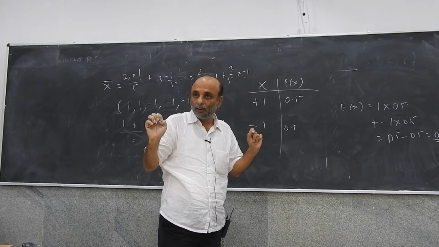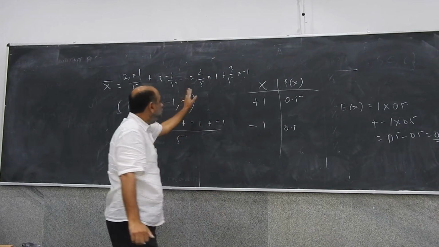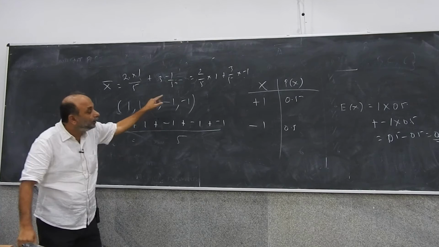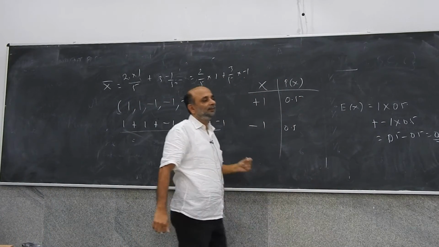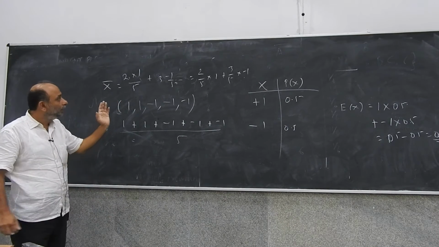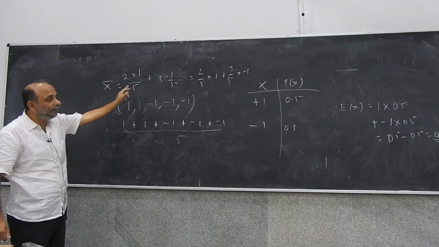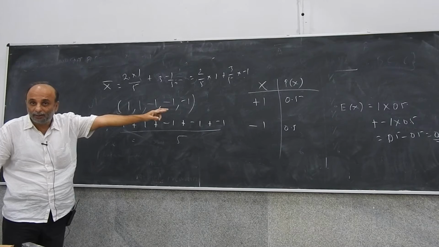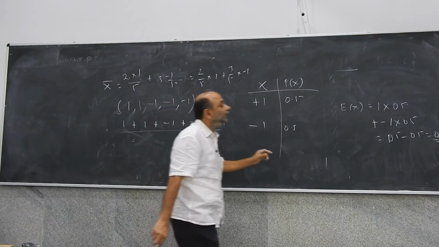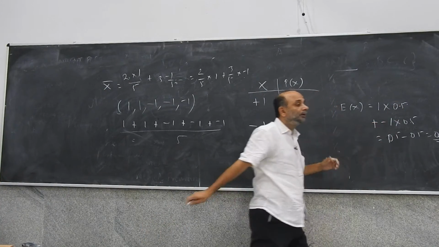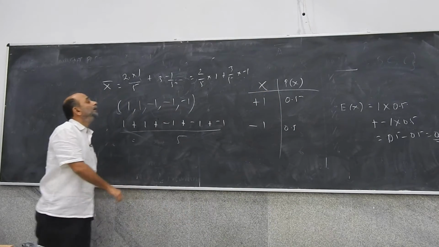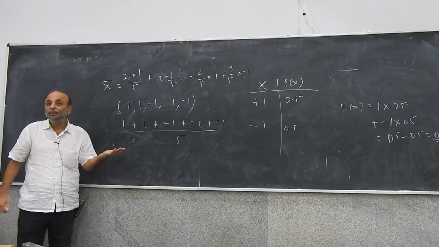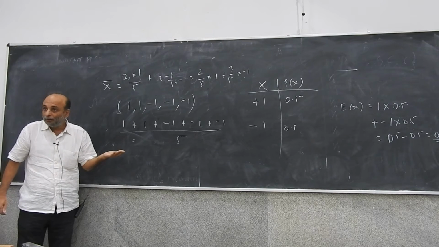Now, what is this arithmetic mean? Can you compare this and this? Here also I have multiplied 1 with something, there also I have multiplied 1 with something. But there I have multiplied 1 with 0.5, the probability of getting 1. Here I have multiplied 1 by 2 upon 5.